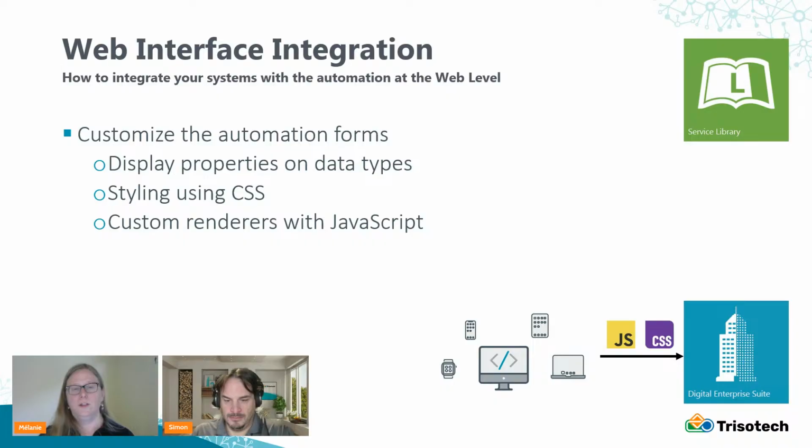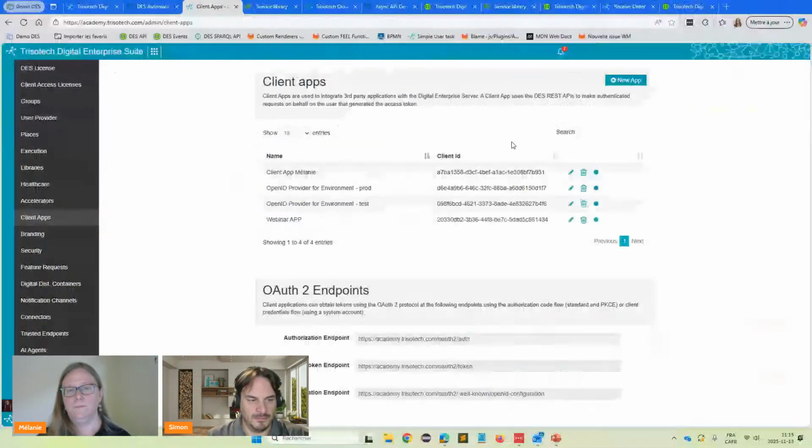So on the different data types, you can say, oh, this needs to be displayed in a different way. And this is all done in the modeling directory. The last two will be styling with CSS. So you can apply a CSS to either a single service or the whole instance. And if you want even more control, you can then define a custom renderer in JavaScript.